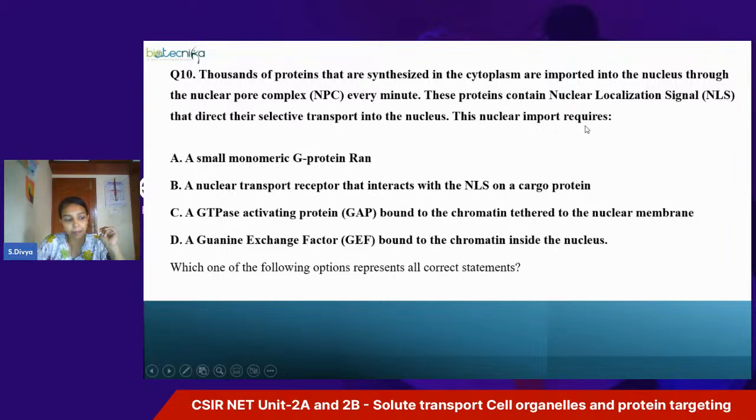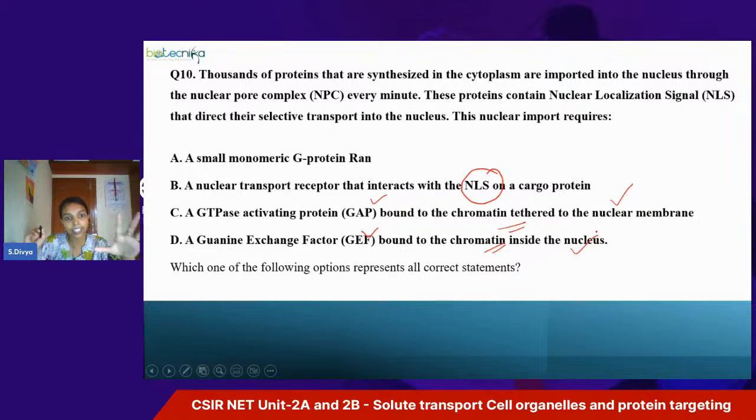So the nuclear import requires what? A small monomeric G protein RAN, a nuclear transport receptor that interacts with NLS on a cargo protein, GAP bound to the chromatin tethered to the nuclear membrane, GEF bound to the chromatin inside the nucleus.